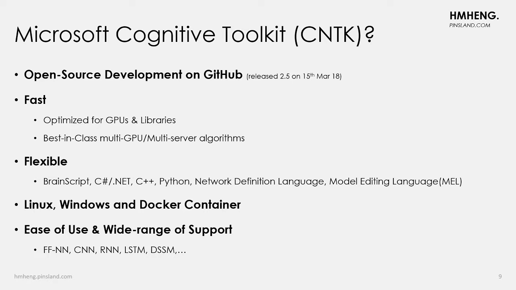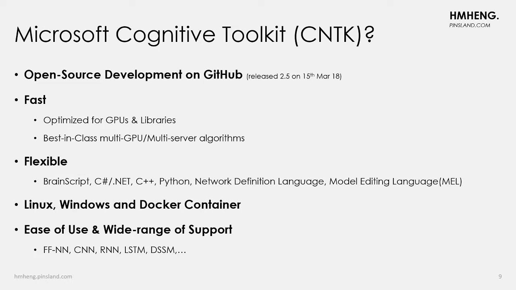And next, the toolkit is flexible. It works with BrainScript, C#, C++, and of course Python is supported. NDL and MEL are also supported, so you can use any kind of language to develop your deep learning algorithms.